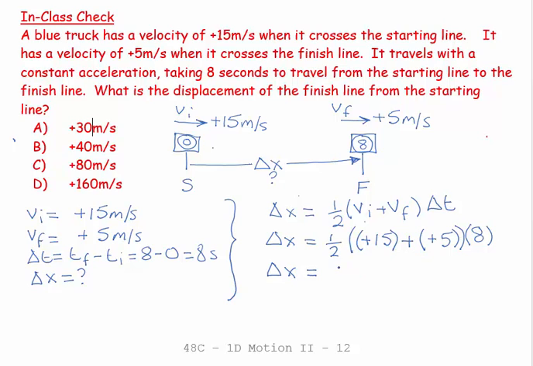Half of 20 is 10. So this would be plus 10 times 8, which equals plus 80 meters. So there's my answer. It's plus 80 meters. So the distance from the start to the finish we learned was 80 meters. And there we have it.